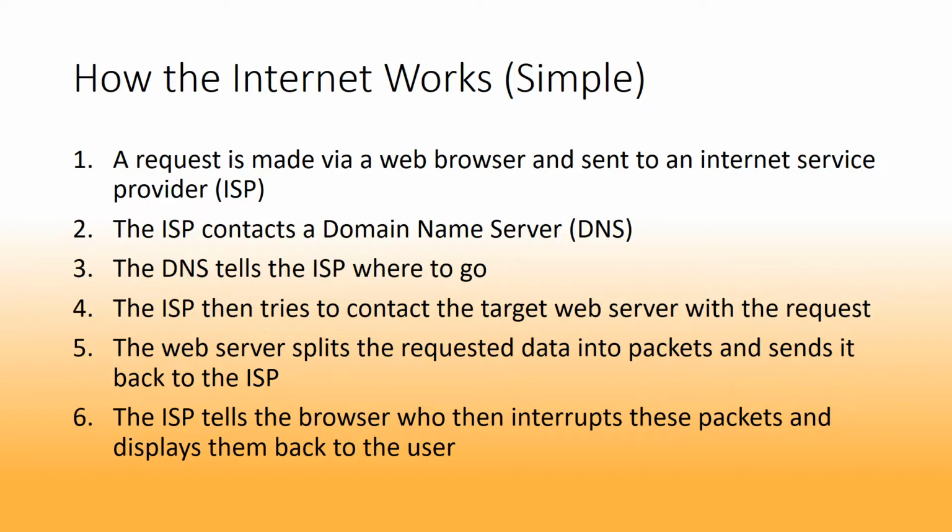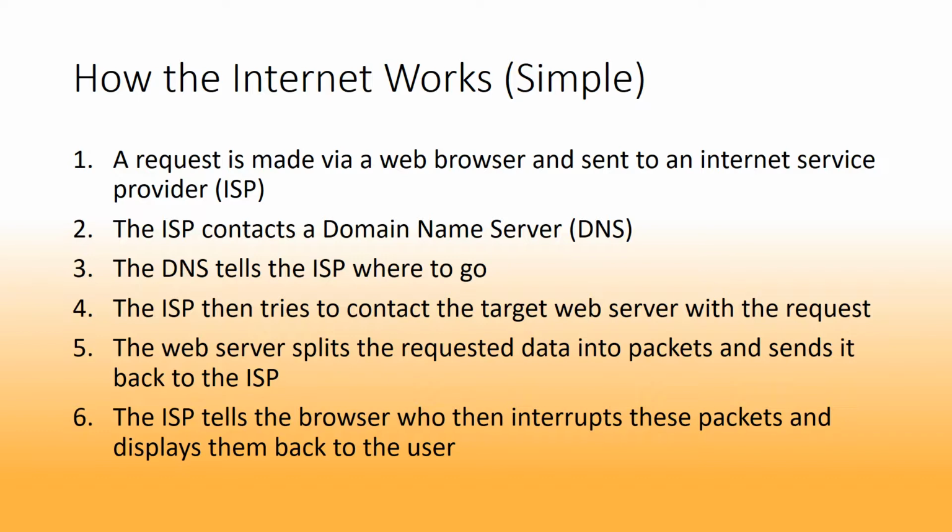So that could be AT&T, it could be Verizon, could be whoever. The ISP then contacts a domain name server, and we're going to go over in just a little bit what exactly a domain name server actually is. The domain name server tells your internet service provider what the address is of the web page. And you might be thinking, well, I gave it the address, it's google.com. Well, not exactly. And we'll go over that in just a second.